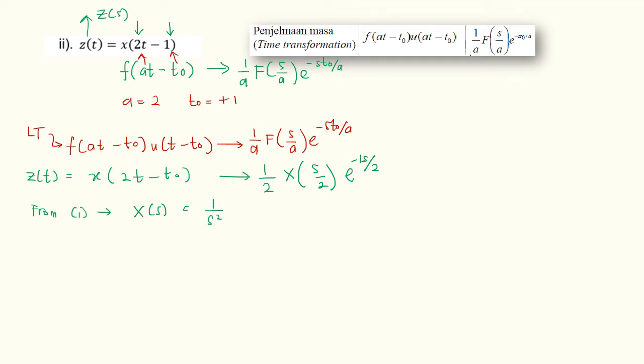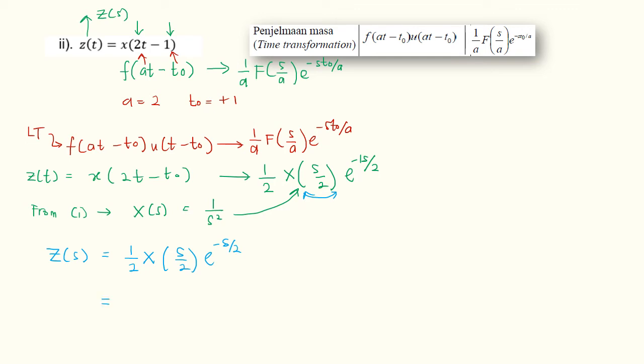So now you need to replace X(s) into this equation, but take note that all s for X must be divided by 2. Therefore, your Z(s) equals 1 over 2 times X(s over 2) multiplied with e to the power of minus s over 2.